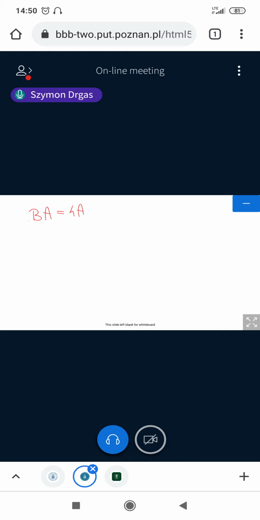So we need a matrix B that will act in the same way as number 4. If you have any idea, please write it in the chat.